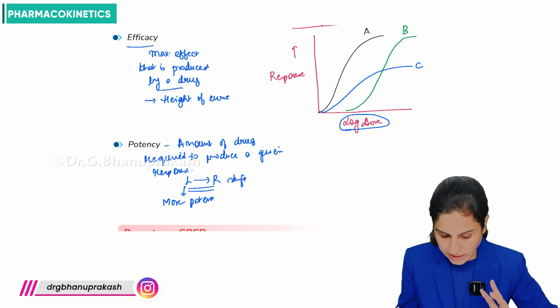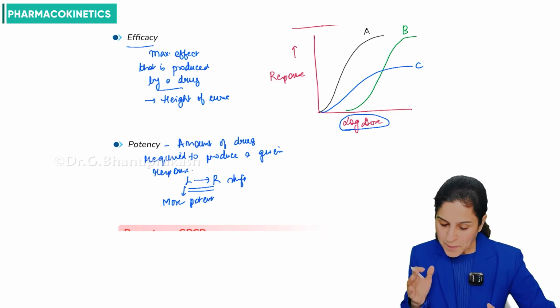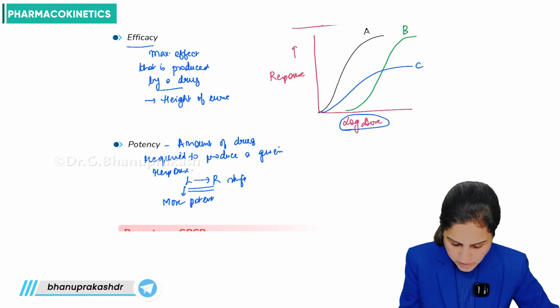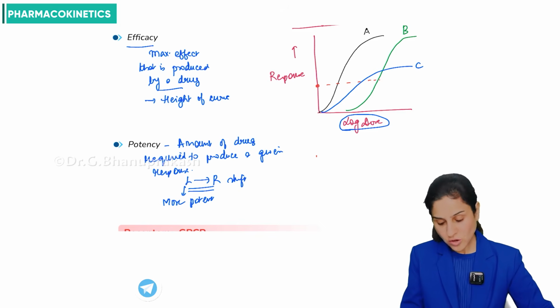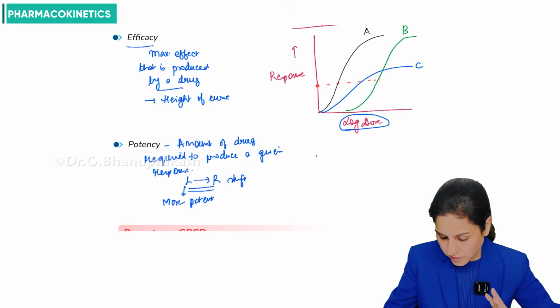So here we have three drugs, A, B and C. Now if we want to compare the potency at a given response, so let's say our given response is this one, okay, and here I want to compare the potency of three drugs at a given response.